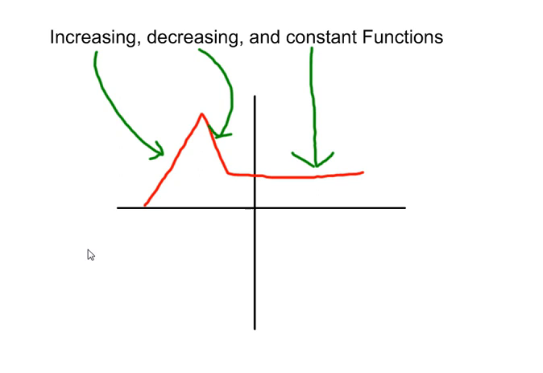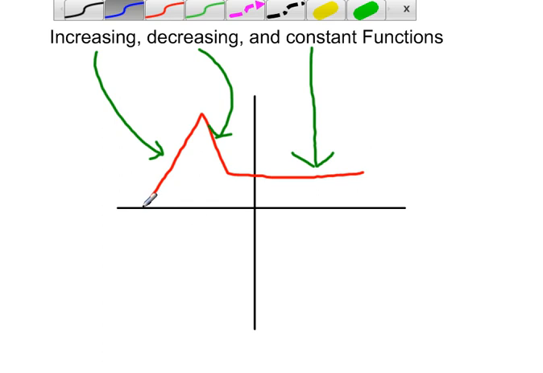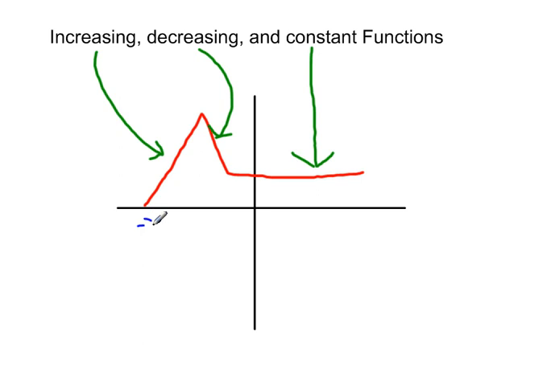In your homework, you'll be asked to graph these in your calculator and determine what intervals these are increasing, decreasing, or constant. We are talking about the x values. So if I labeled this as, let's say, -3, and over here, let's say, was -2, and let's say this was -1, we would be increasing on the interval from -3 to -2.